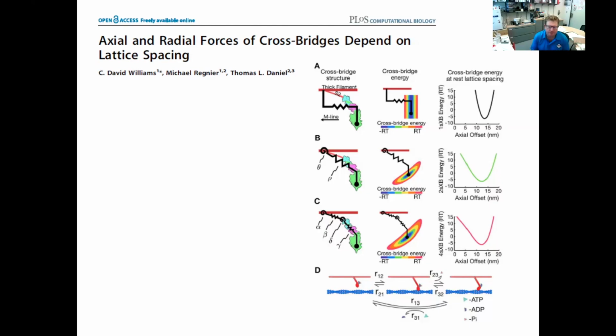Some people have tried to move forward, asking what the implications might be if, rather than having all the forces balancing in one direction, cross-bridges have both a swing and a transition as they go through the cycle, with a vertical or torsional component as well as a longitudinal component. There have been some models that have tried to estimate what goes on as the distances between those filaments change, which usually occurs as you change the length of the muscle.